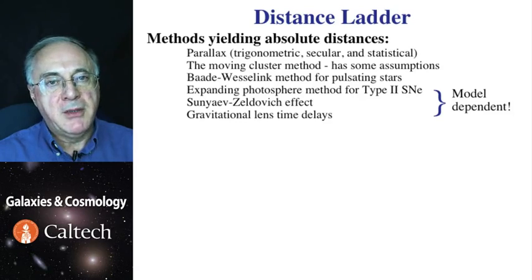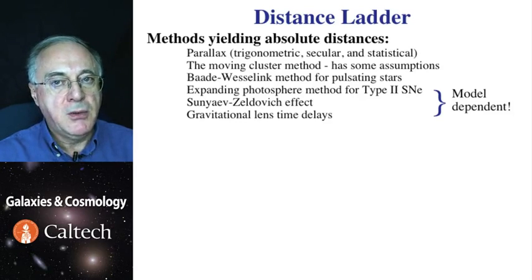There is the so-called Baade-Wesselink method that uses pulsating stars. That too makes assumptions about stellar atmospheres and things like that. Very similar to it is the so-called expanding photosphere method for supernovae. There one also has to make some non-trivial assumptions about the physics of what is really an exploding star.